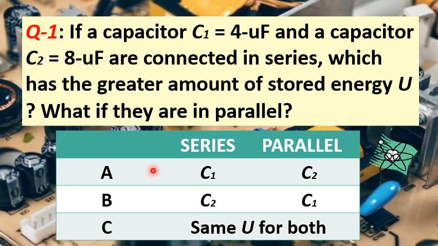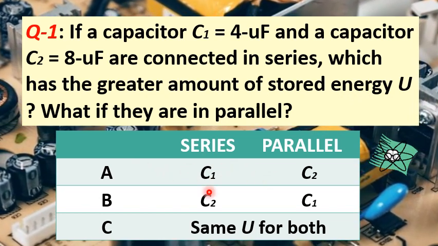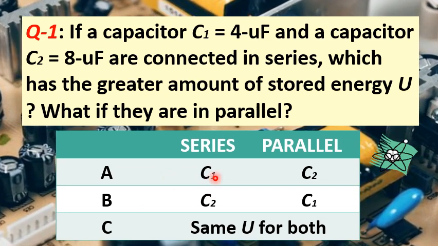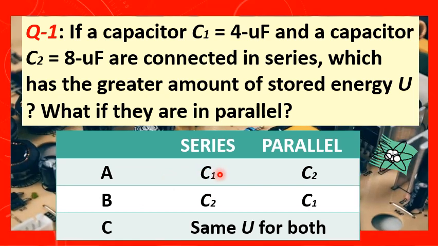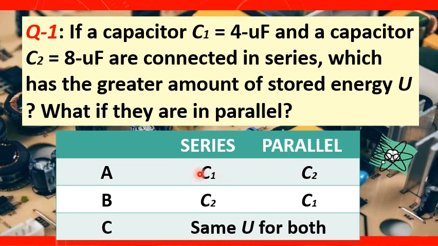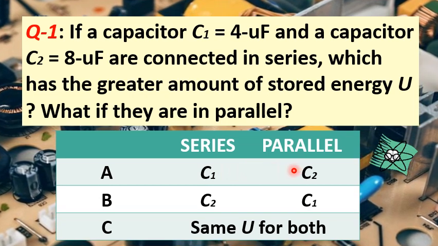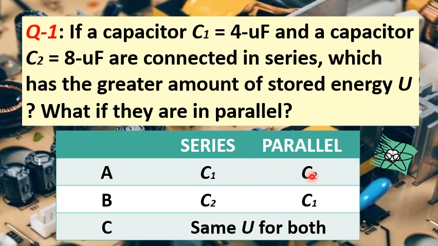So we have some options. Option letter A, if they are in series, it is capacitor number 1. If they are in parallel, it is capacitor number 2.